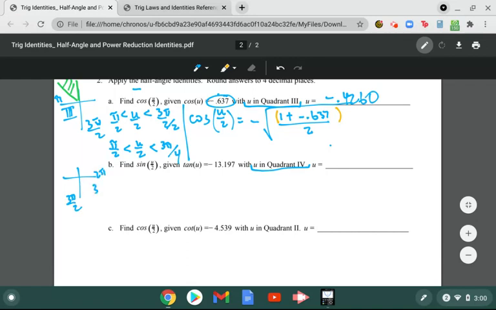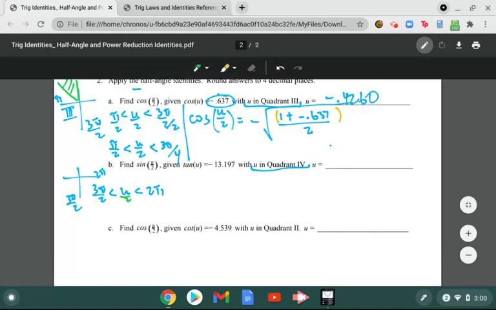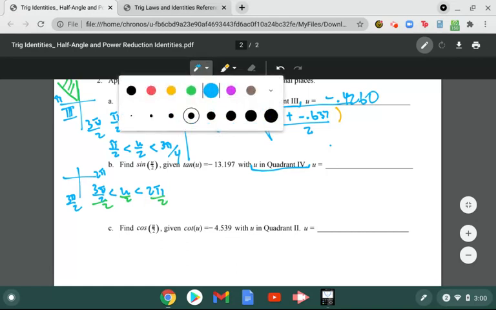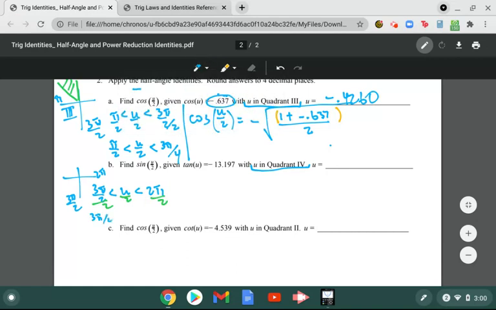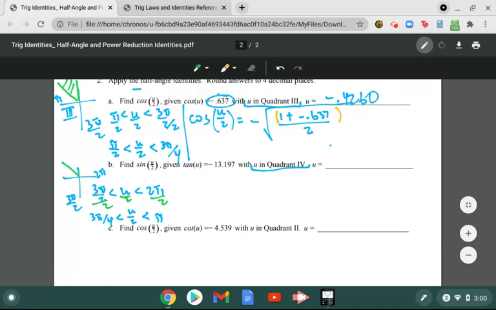So I can say that 3 pi halves is less than u is less than 2 pi, but I really want pi halves. So if I divide everybody by 2, I end up with the inequality that says 3 pi fourths is less than my half angle is less than pi. That little slice, 3 pi fourths and pi, lives right here.